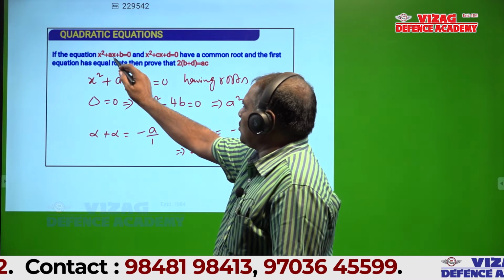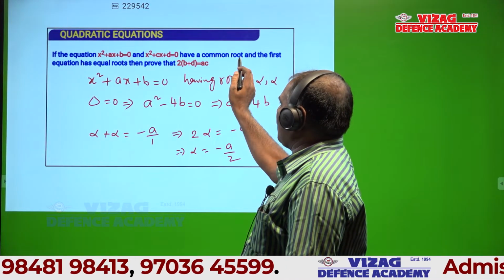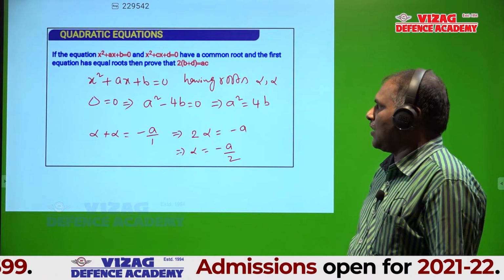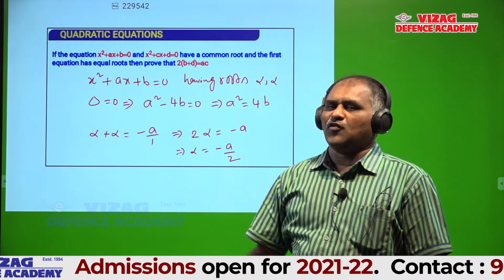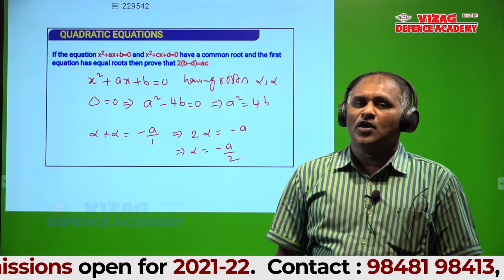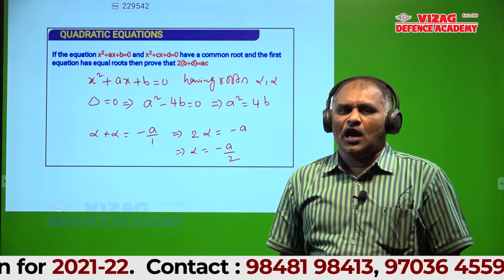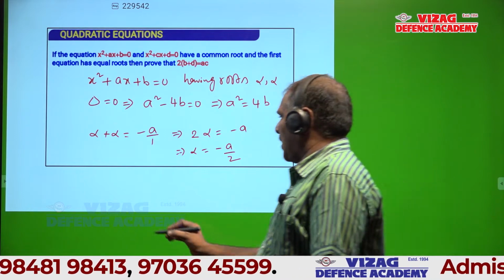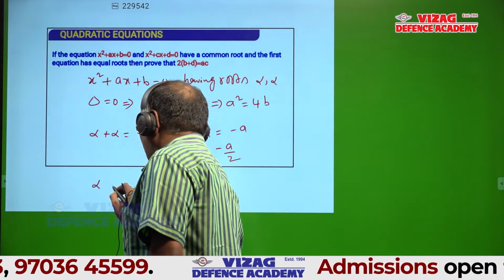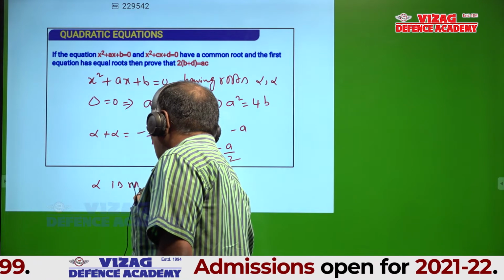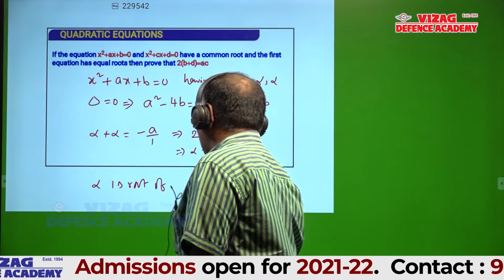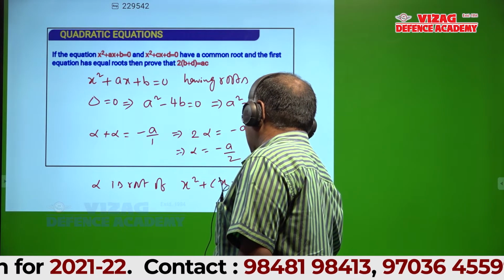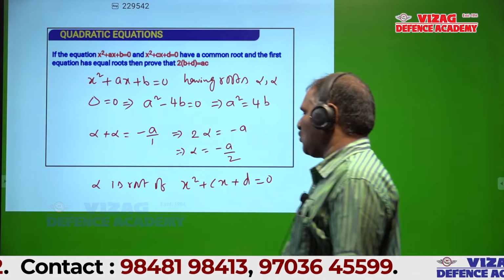But both equations have a common root, and the first equation's root is alpha, that's why alpha is also a root of the second equation. By observation, alpha is a root of x square plus cx plus d is equal to 0.